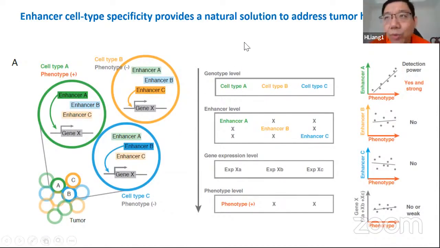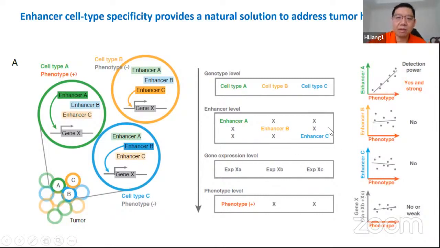What we really do in many cases is genotype-phenotype correlation. Suppose there's a phenotype really controlled by cell type A. But when you look at the signal across different tissues and do the gene expression-phenotype correlation, you often see a very weak correlation because the gene expression signal is averaged across 3 different cell types.